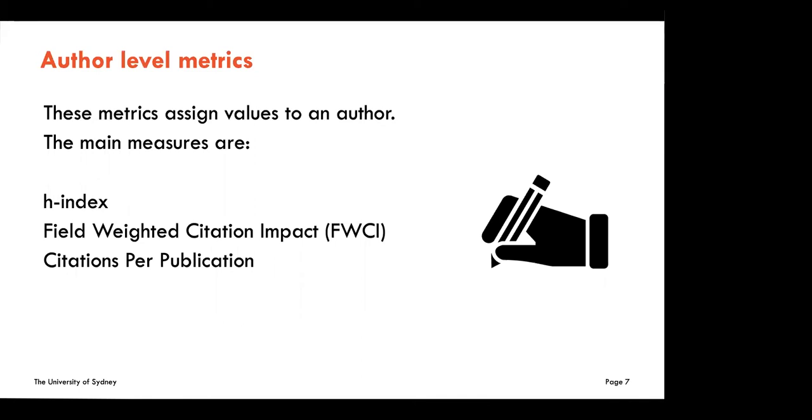ERA reporting uses the top 10% of figures. I've had requests from people previously asking for the ratio of their papers that are in the top 1 or the top 5% of journals within a particular FOR code. It's an easy number to pull out, and you can get that out of SciVal.